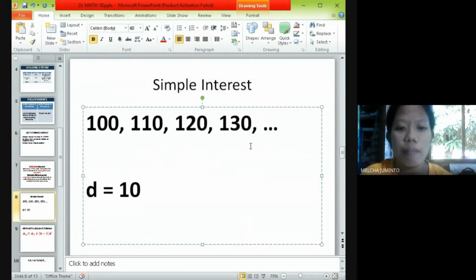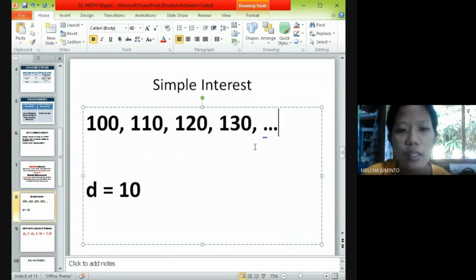And instead of writing every term in the sequence, we can actually find the amount of money that you will have after, let's say, 50 months. Since we are talking about years, for example, you want to know how much your money in the bank will be after 3 years. So, 3 years is 36 months.